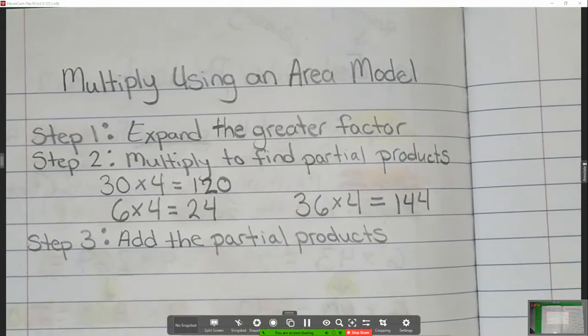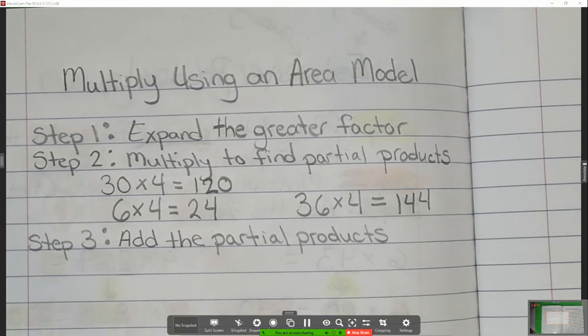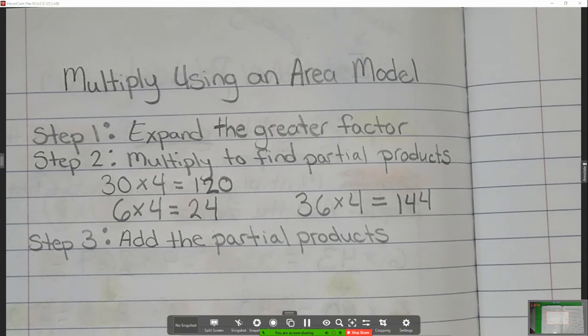Now, who can tell me what the word product means? We've talked about this. What does the word product mean? Ezra, what does the word product mean? The answer to a multiplication problem. Perfect. The answer to a multiplication problem. So now we're going to add the partial products.